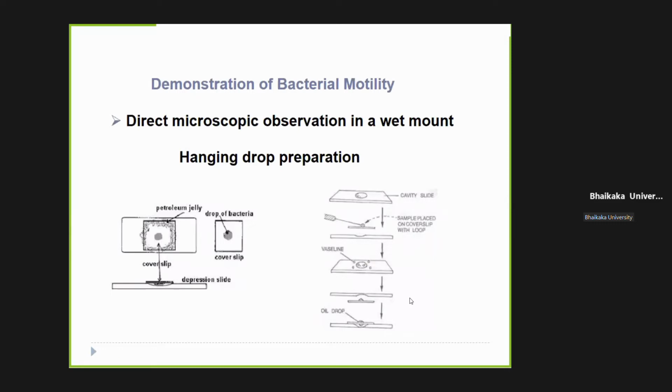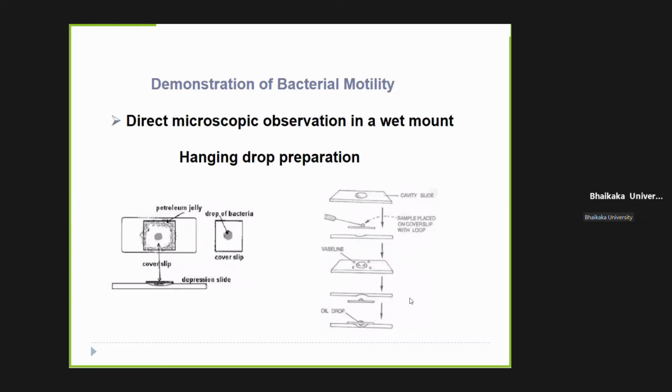Now this wet mount preparation is made like this: the slide is taken, and on the center portion you can keep a small portion of the liquid sample, onto which the cover slip is placed. This preparation is known as wet mount preparation, that you can see directly under the microscope and evaluate whether the bacteria present in the sample are motile or not.